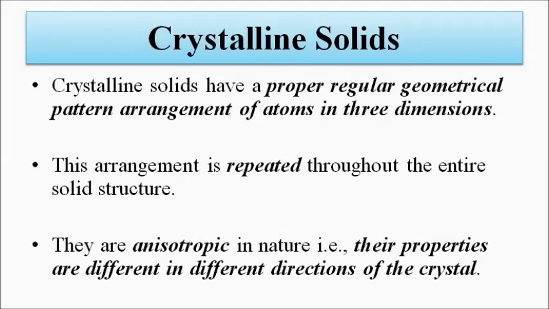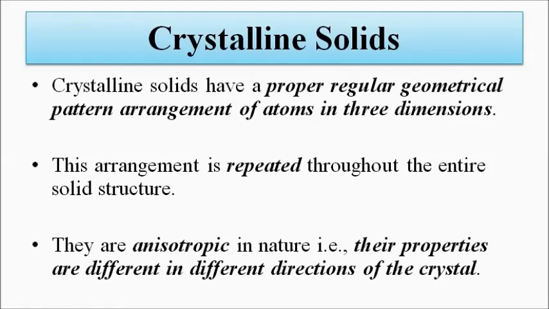And the reason why I discuss this is that in the upcoming videos, when we discuss the various aspects related to the physics of semiconductor devices, we will be using these terms: crystalline, anisotropic, isotropic, or the regular pattern arrangement. In order to understand that, we need to have a good understanding of the basic physics of solid materials.